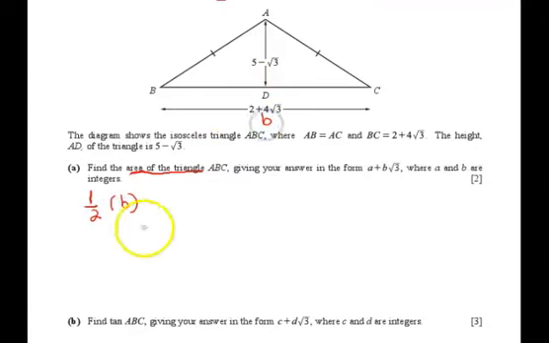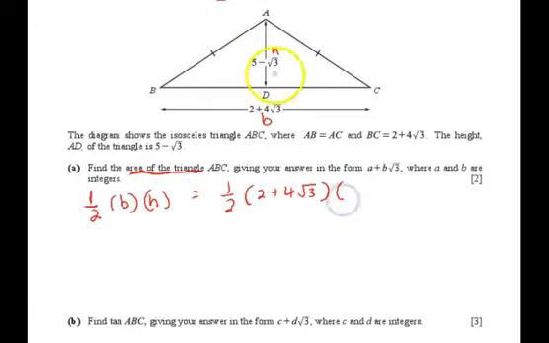This is the base B, and times the height. So this is the height. So now 1 over 2 times the base will be 2 plus 4 root 3, and multiply with the height, which is 5 minus root 3.